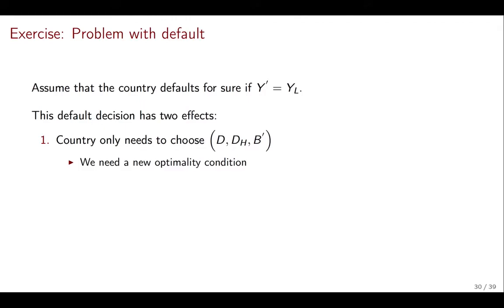We don't need to choose demand if output is low because we know what that's going to be. You're going to default on your debt and you're going to get the low output net of the cost of defaulting. Now, because we're choosing a different bundle, we need a new optimality condition. We're going to do that in the next slide.